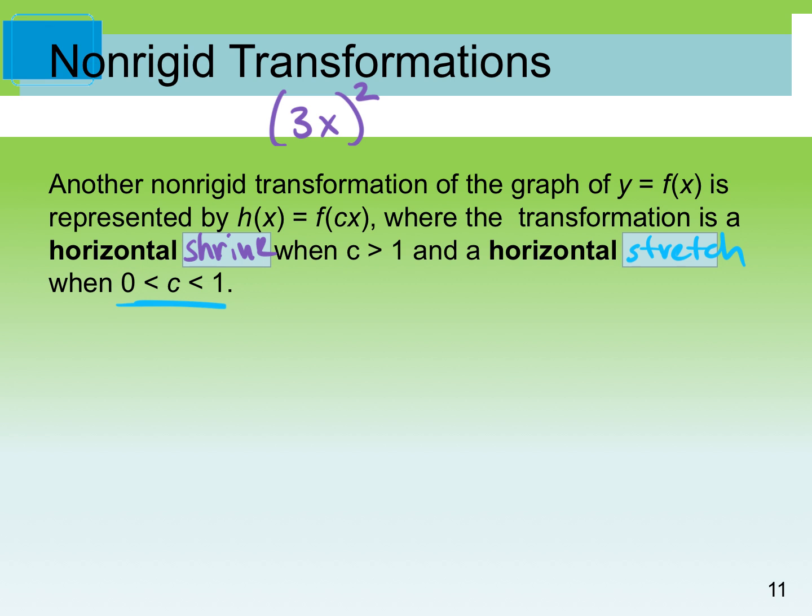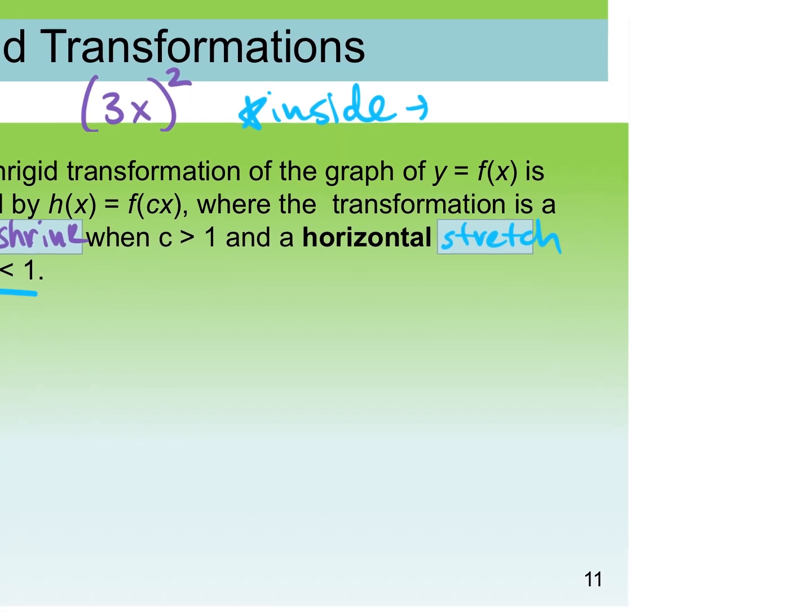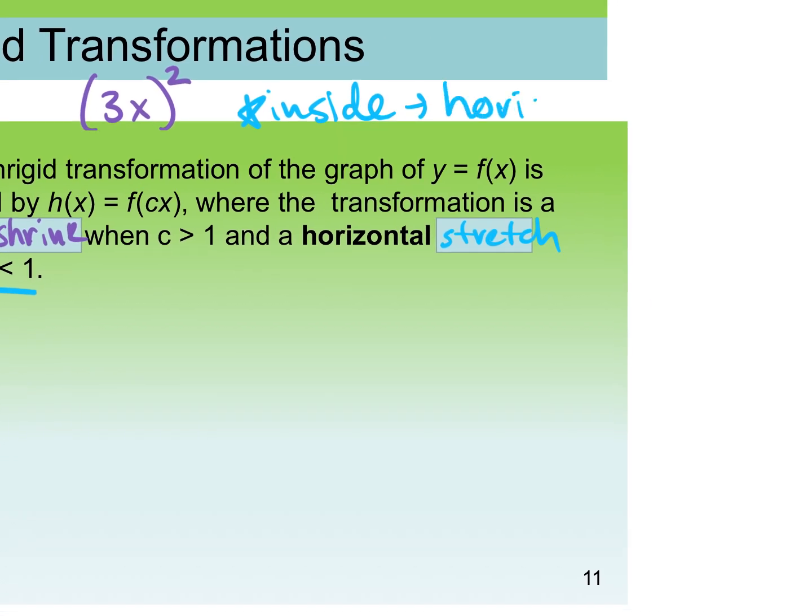So when it's inside, that means that it is going to be horizontal. Just like how if it was adding or subtracting inside, we moved it left or right, so we moved it horizontally. If we're multiplying by a constant inside, then it's a horizontal stretch or shrink, and it's always the opposite of what we think.